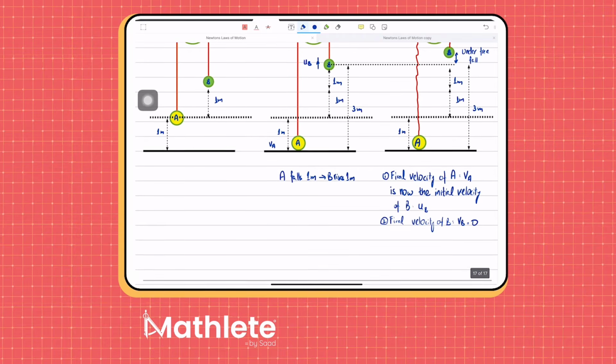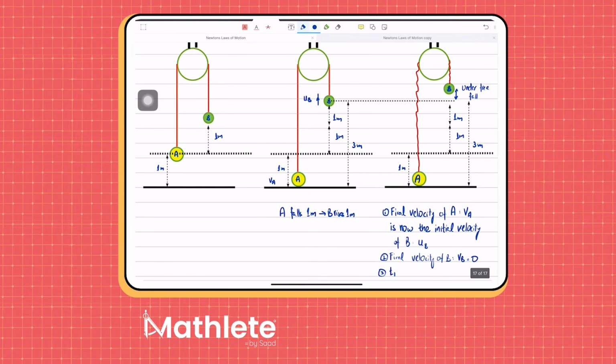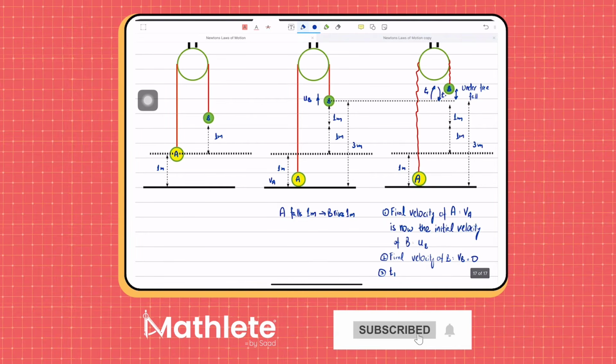Now, another rule of kinematics: T1, which is the time it takes to go up, and the time it takes to come back down, up until the point that the string becomes taut again, will be equal.